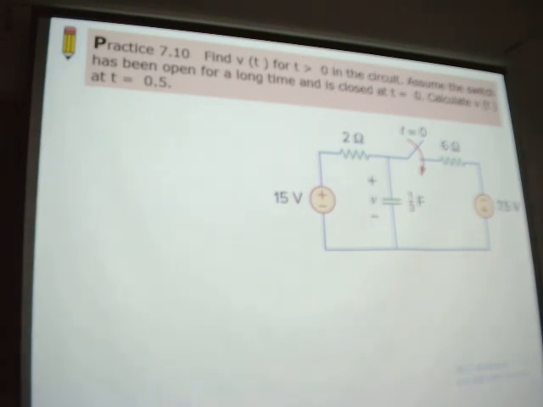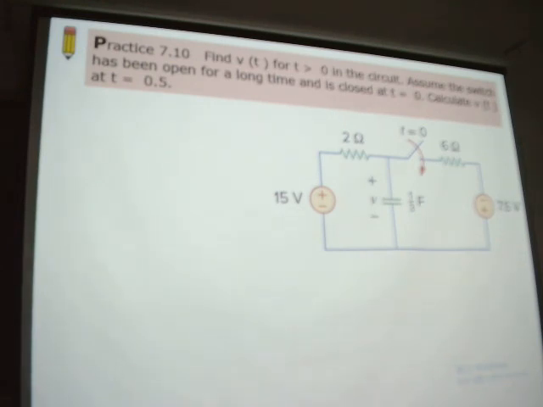Turn off means this one becomes a wire, this one becomes a wire, so these are in parallel. RTH is equal to that, and the value of C is actually 1.3. So put it inside, and get the result.